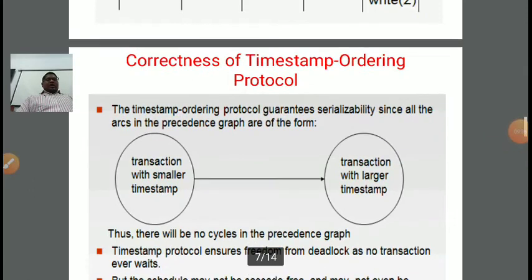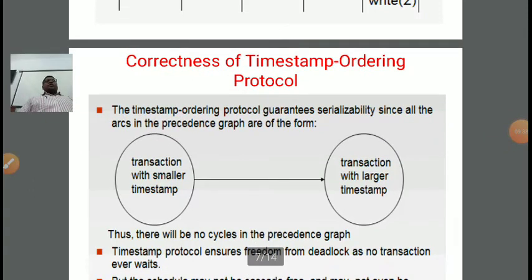Now next, how do we ensure that the timestamp ordering is proper? Here we have some correctness conditions. The timestamp ordering protocol guarantees serializability. Serializability means deciding which transaction we need to perform first, which transaction needs to complete all its operations first.